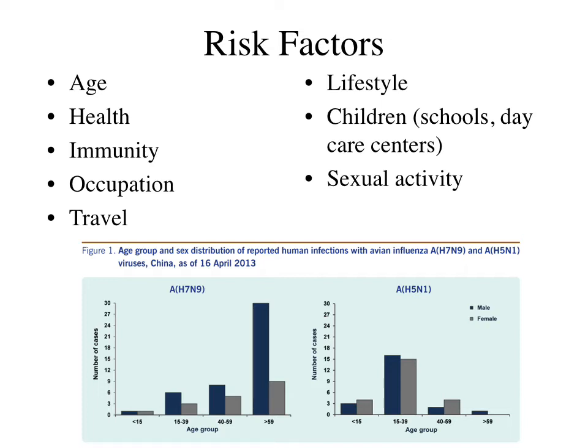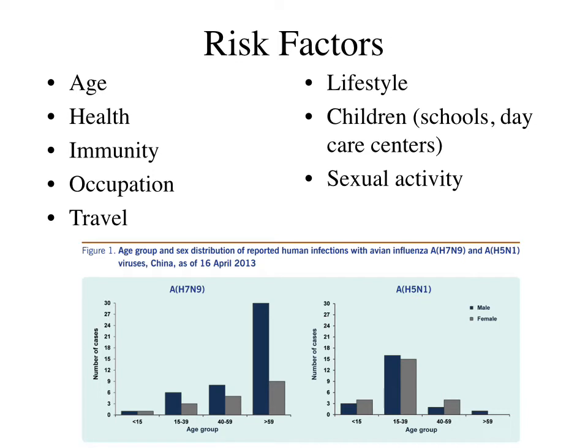Their immunity, their occupation. Certain occupations can put you at risk. Travel, lifestyle, children. Do you send your kids to schools or daycare centers where they may pick up a disease and bring it home? Of course, sexual activity can be a risk factor for certain kinds of viruses.